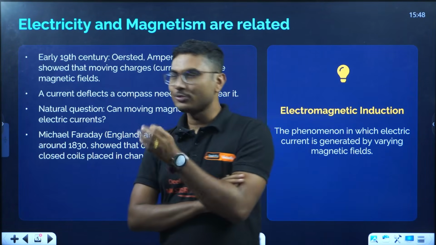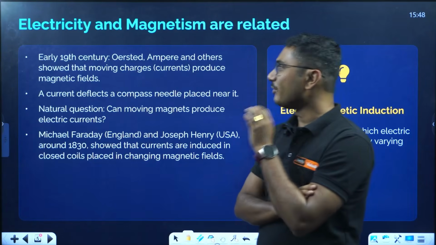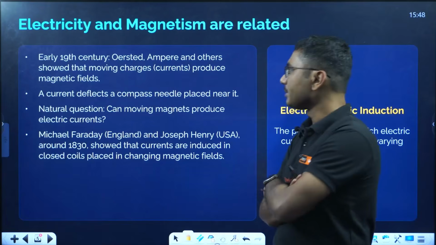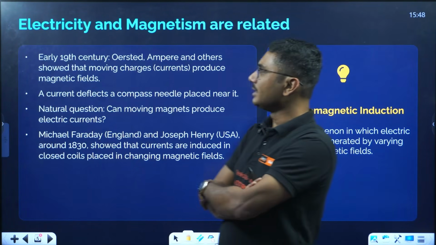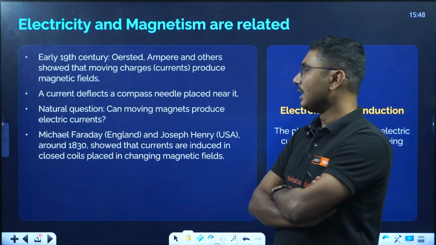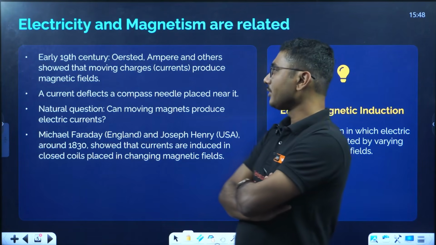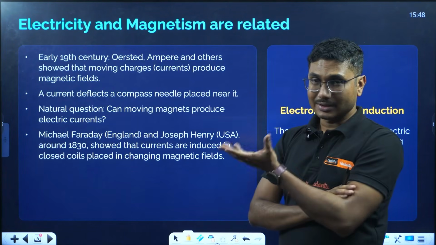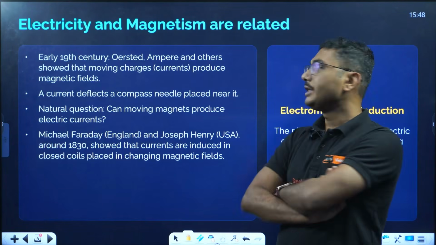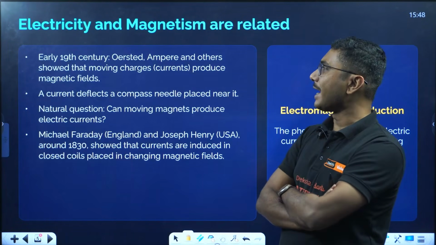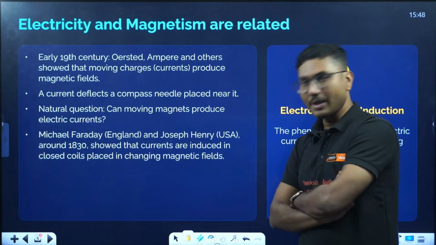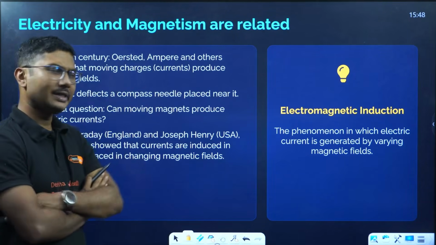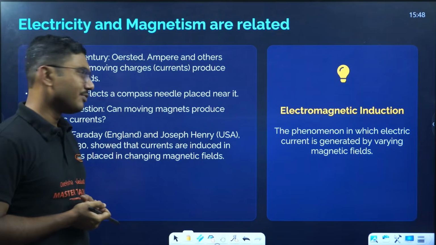So that means almost 200 years back, in the early 19th century, Ørsted, a famous person, along with Ampere and others, showed that moving charges, or current, produce magnetic fields. Hans Christian Ørsted, by the way, in case you are wondering about his name. Ampere was somewhat a student of Ørsted at that point of time. Moving charges or current can produce a magnetic field, that we have studied in our previous chapter.